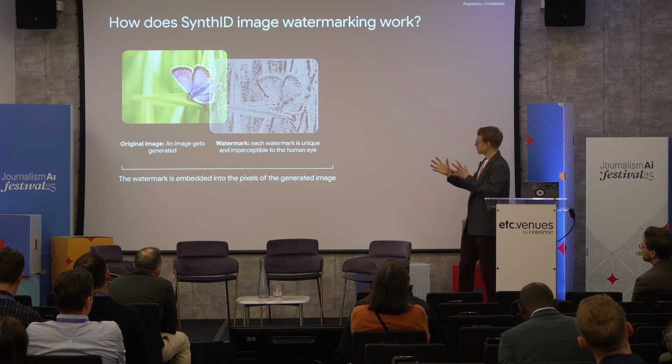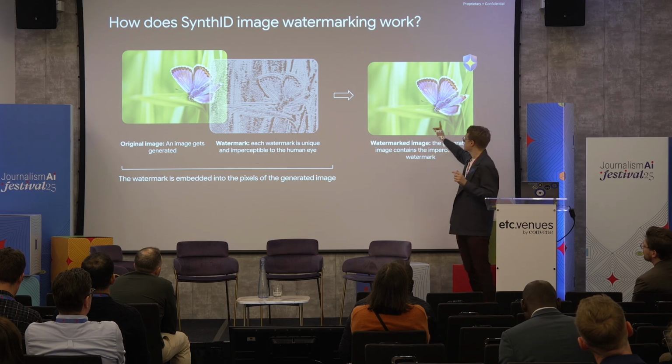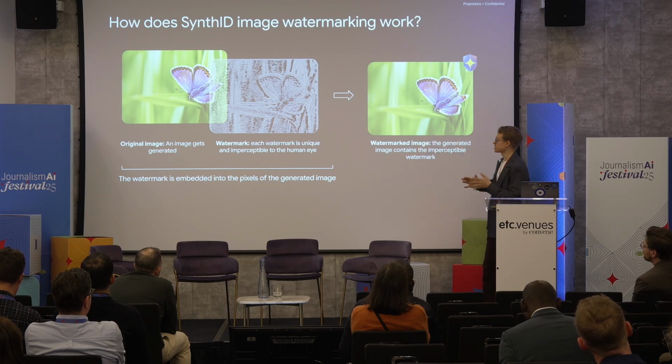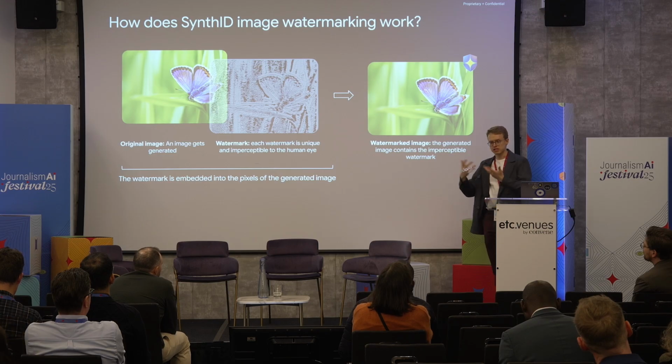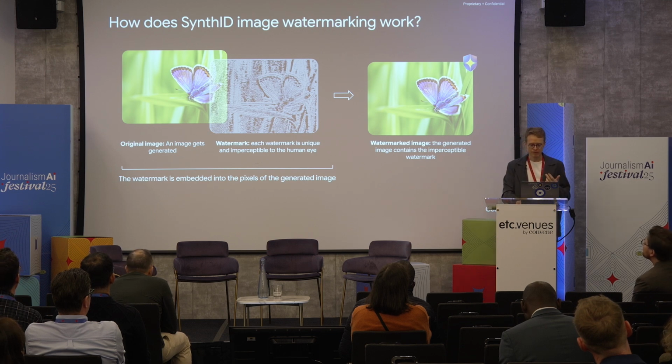Once that gets imprinted, the watermark gets inserted into the pixels in the image, and this is the output that the user sees, which is the fully watermarked image. And you cannot visibly tell that a watermark has been applied to it, really to preserve the visual appeal and the visual quality of the image.